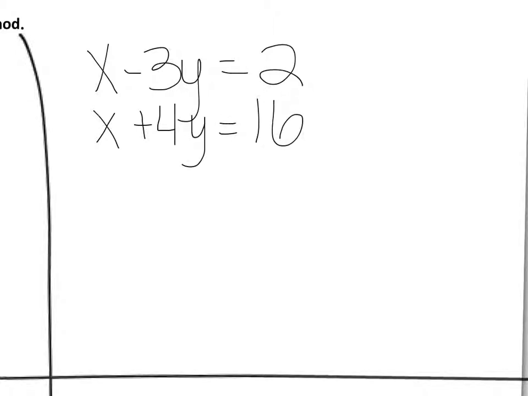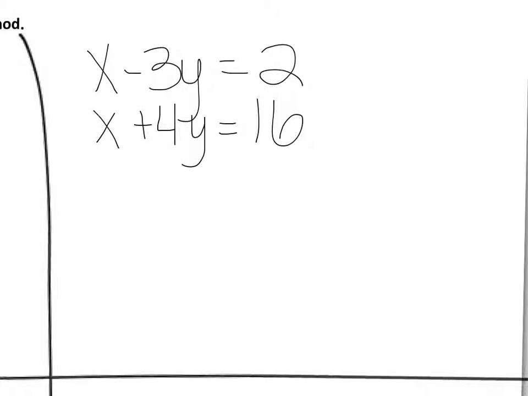Okay, I said try to add them first. If I add my equations, if I just add them together, will any of my variables cancel out? No, because I'll get 2x plus y equals 18. I still have 2 variables. That doesn't help me out at all.